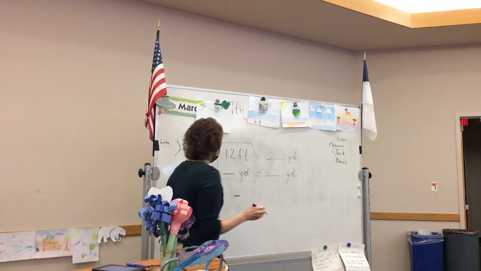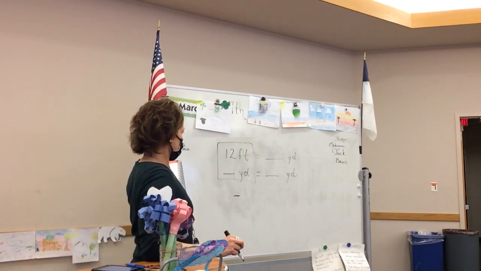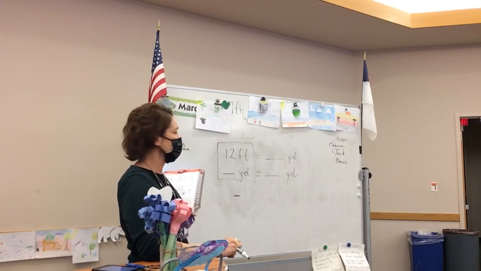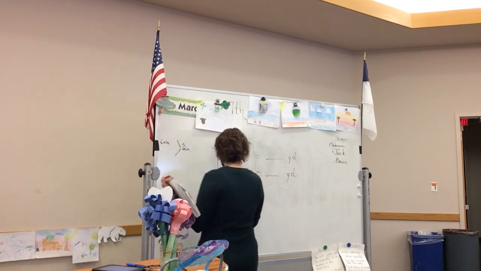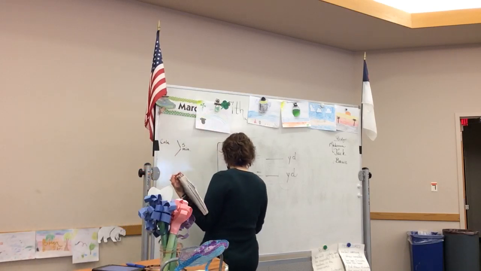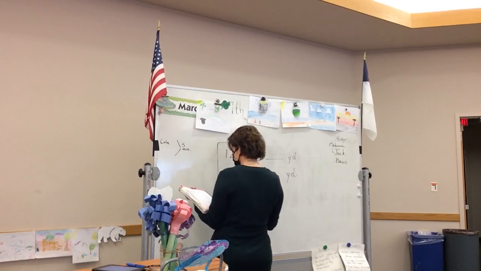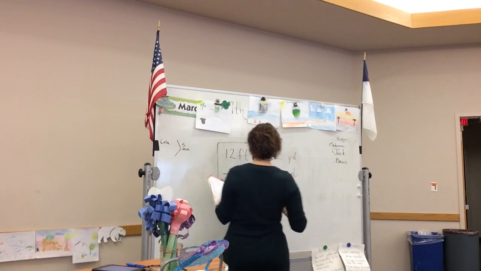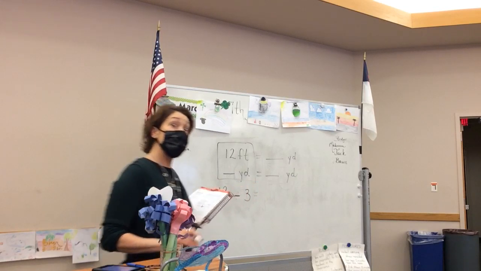All right. What are we dividing? What is the equation that we are dividing in this particular problem, Christian? 12 divided by 3. That is correct. And what is 12 divided by 3, Tessa? 4.